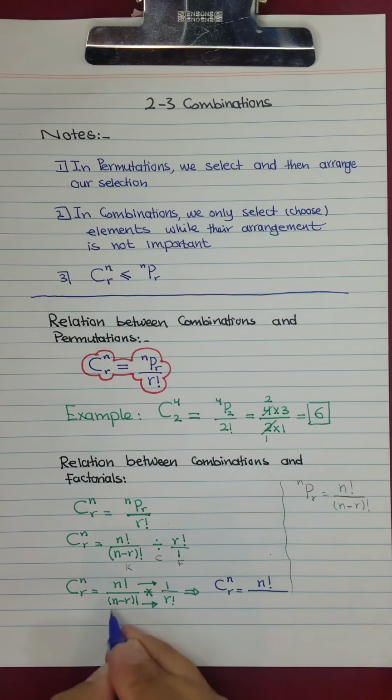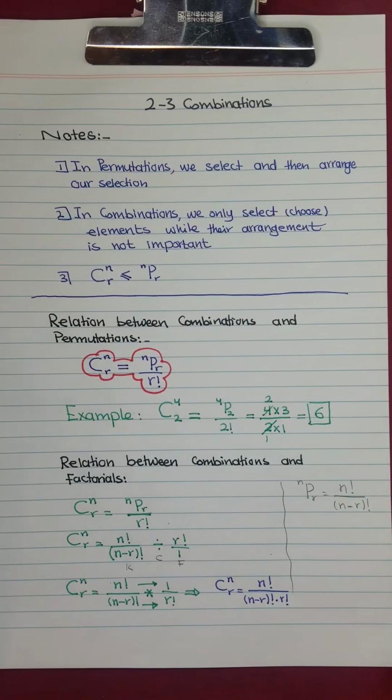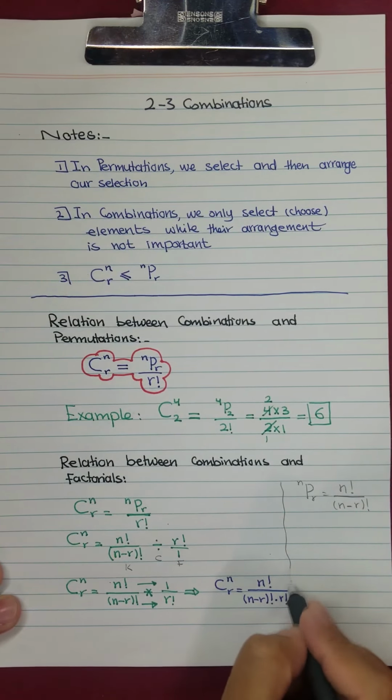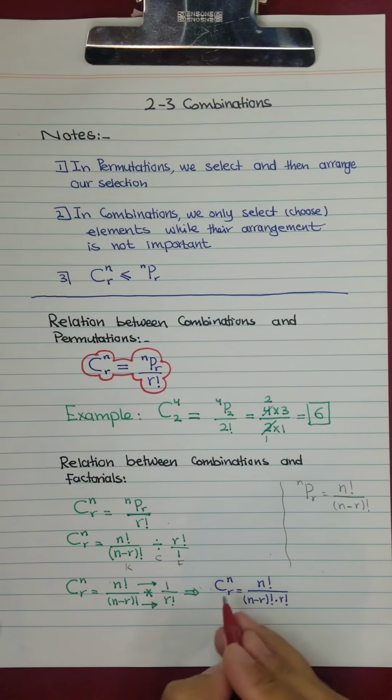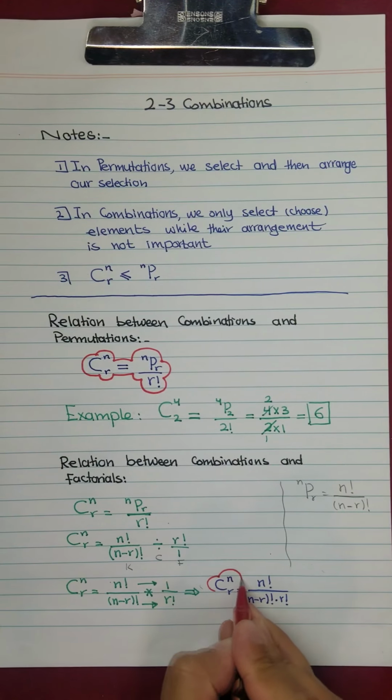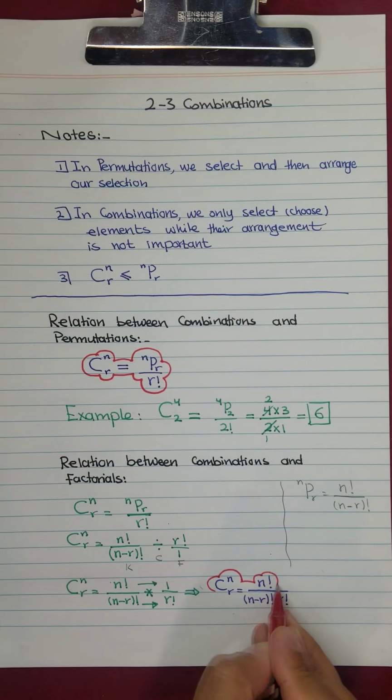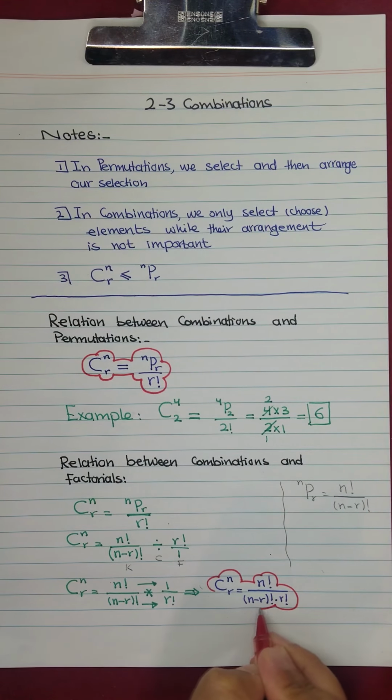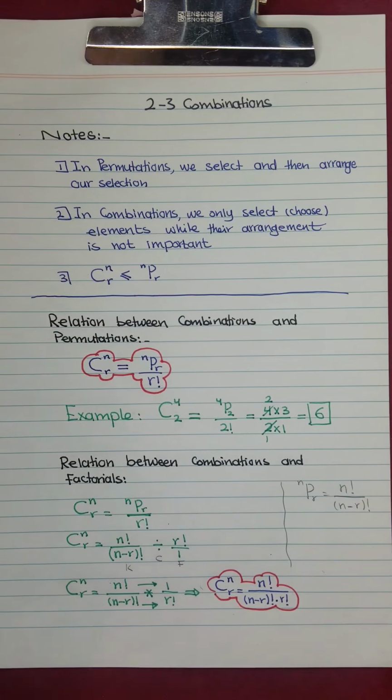And that's the added thing that we have with a combination. So this is the formula that we will use whenever we want to change a combination into a factorial. So this is now the relation between combination and factorial.